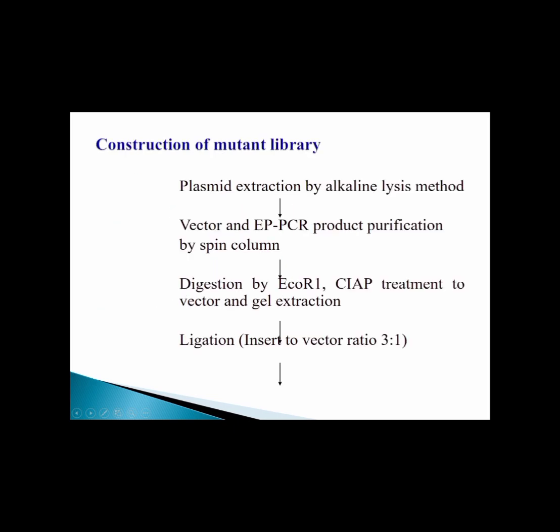Construction of mutant library. Mutant library can be constructed after plasmid extraction by alkaline lysis method, vector and error-prone PCR product purification by spin column, digestion by EcoRI, CIP treatment to vector, and then gel extraction, and then ligation, insert to vector ratio 3:1.